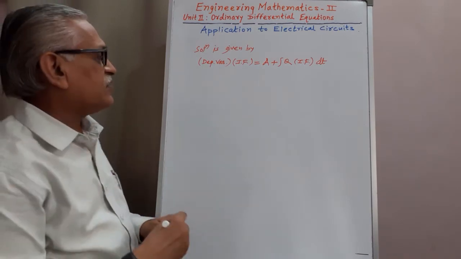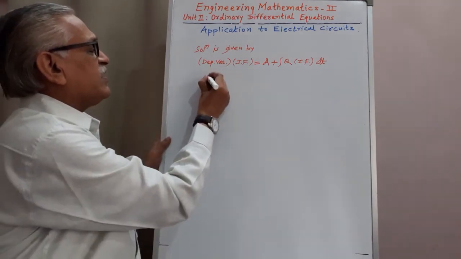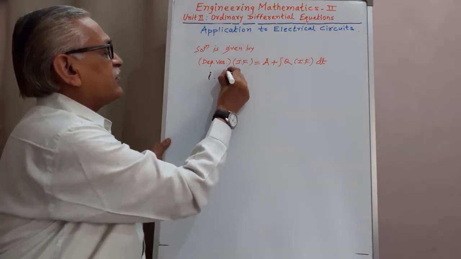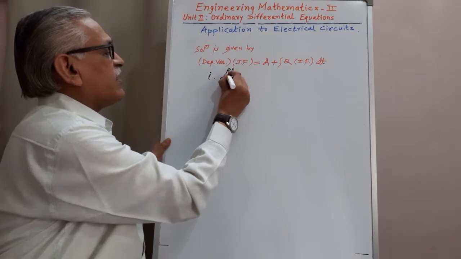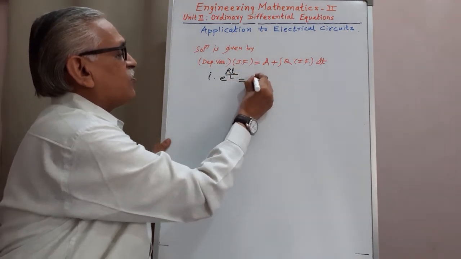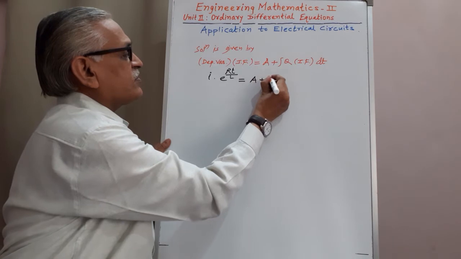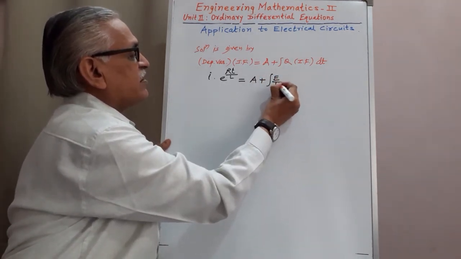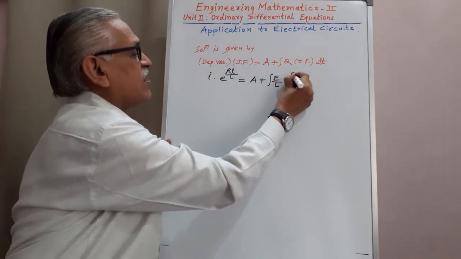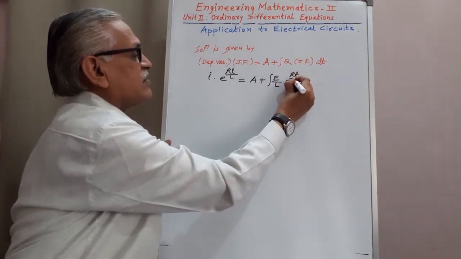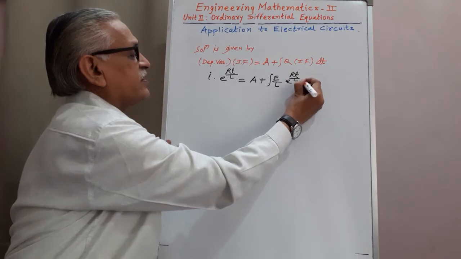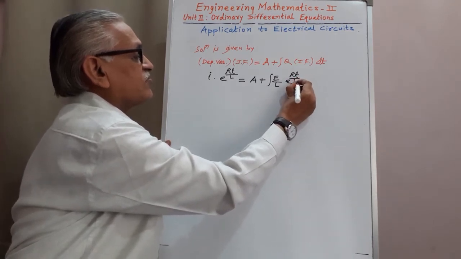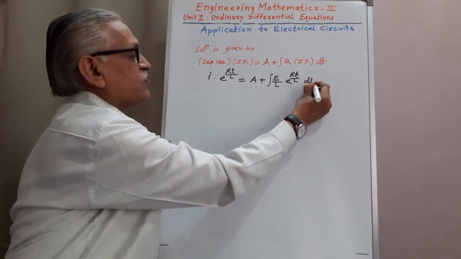And then substituting the values, here the dependent variable is I, IF is e raised to Rt divided by L, equals constant A, plus Q is E by L into e raised to Rt divided by L, and its integration with respect to t.